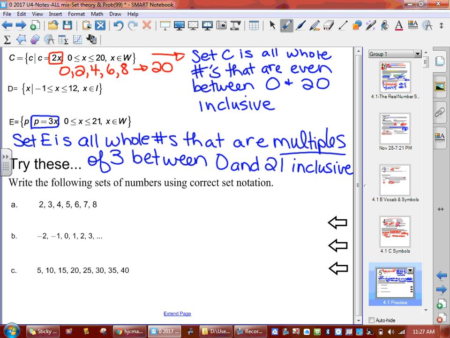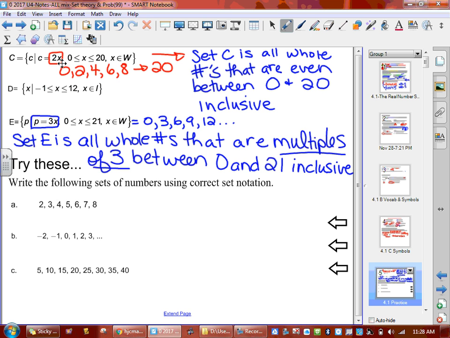Multiples of 3 mean you're counting by 3s. So 0 times 3 would be 0, 3, 6, 9, 12, etc., all the way to 21. But we couldn't say they were all even numbers or odd numbers because there's a mix of both.